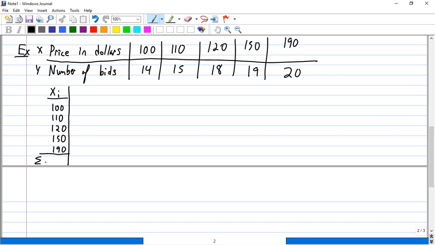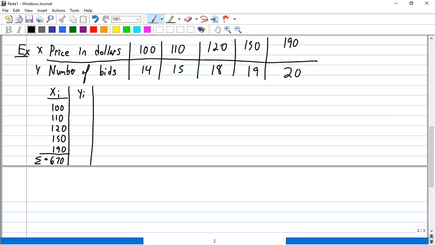Alright, now I need to find the sum. And I am going to use a calculator, because that is the best way to do it. Alright, so I got the sum equals 670. Now I'm going to make another column for y.